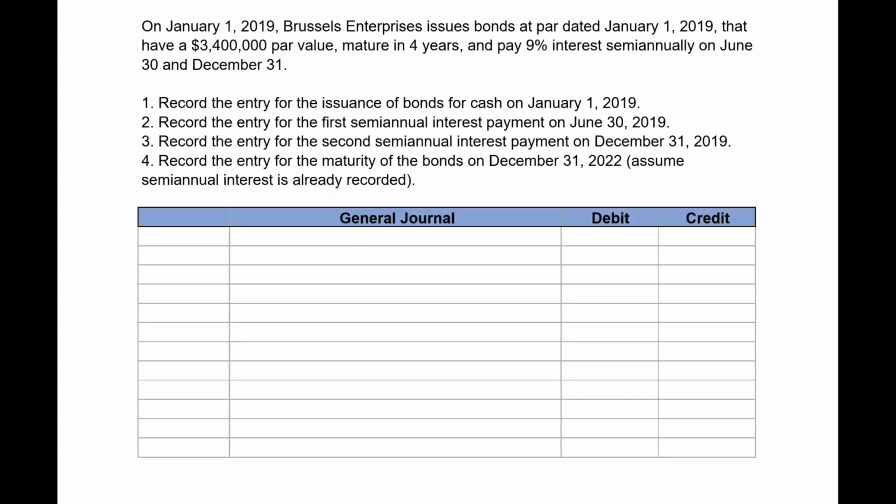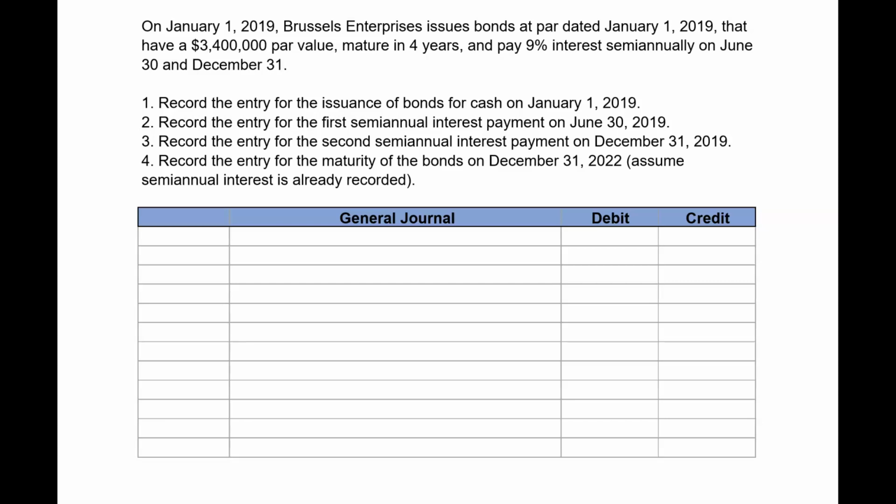Okay, let's look at a practice problem. In this one, on January 1st, 2019, Brussels Enterprises issues bonds at par, which is 100%. The par value is $3.4 million.